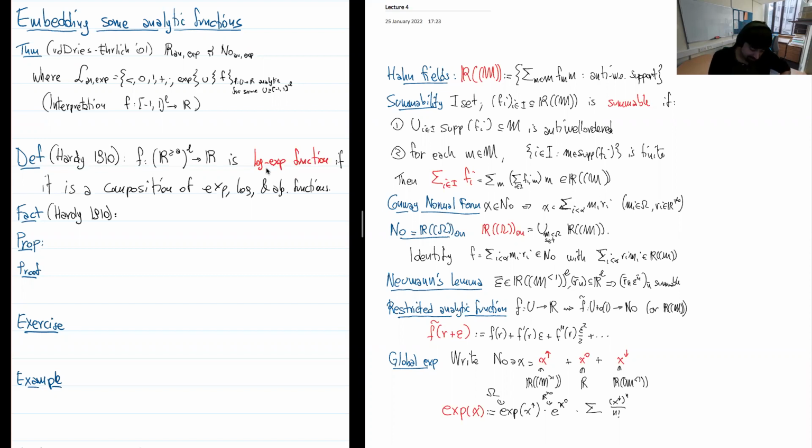The key thing is the germs at infinity of these functions, for L equal to 1, are totally ordered by the order that Lou introduced in his first lecture, I think: eventually less than.